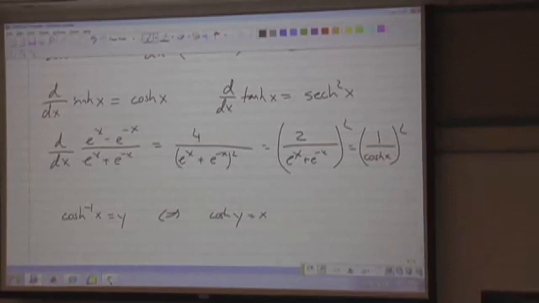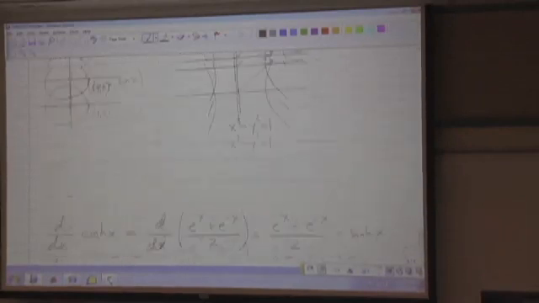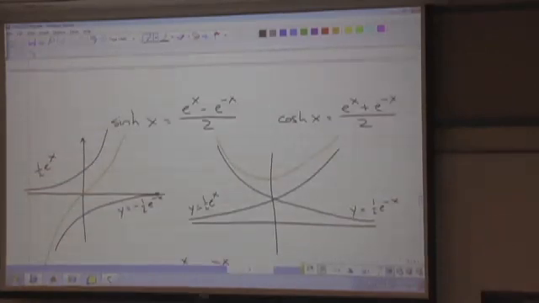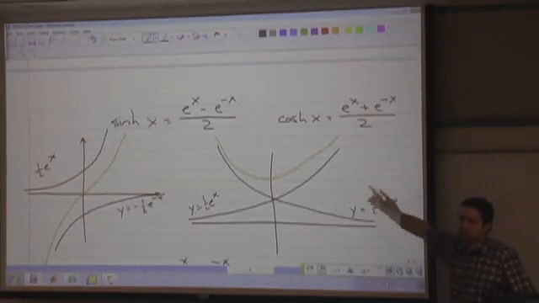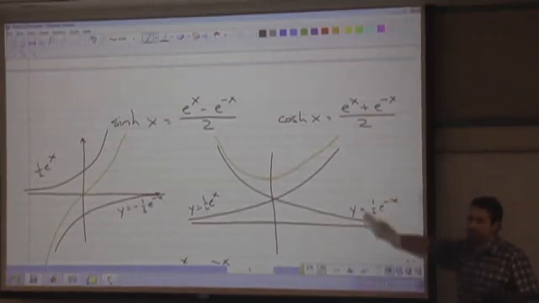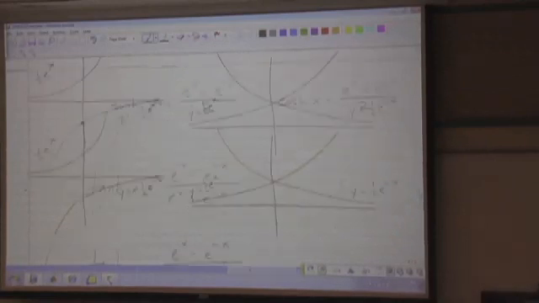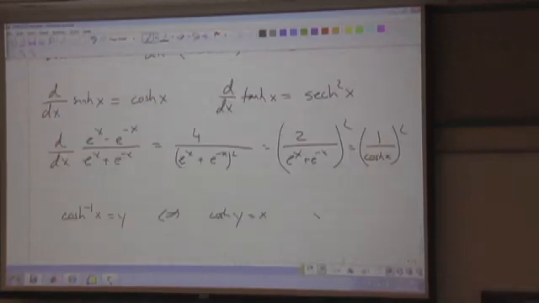Which means it's not 1-to-1. This is the graph of cosh, the orange line. So you have to restrict it to be 1-to-1. So you have to restrict it on the positive side, right? So anyway, here we would have to say that y has to be bigger than or equal to 0.